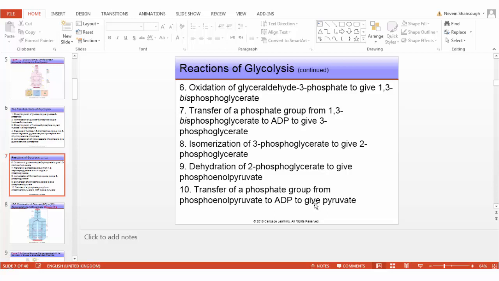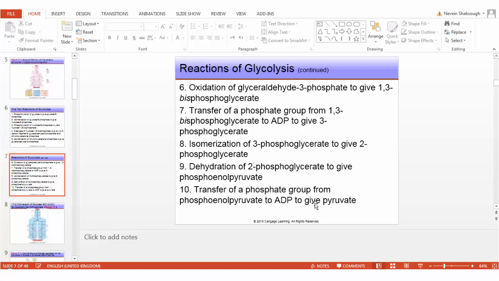Now, the compound 1,3-bisphosphoglycerate is a high energy compound. Transfer of a phosphate group from 1,3-bisphosphoglycerate to ADP gives 3-phosphoglycerate with the formation of an ATP.